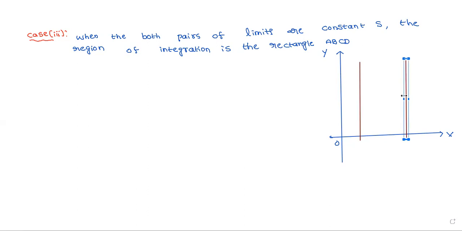Next, y equal to a and y equal to b straight lines.